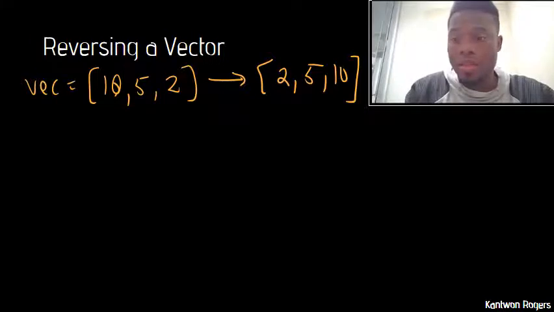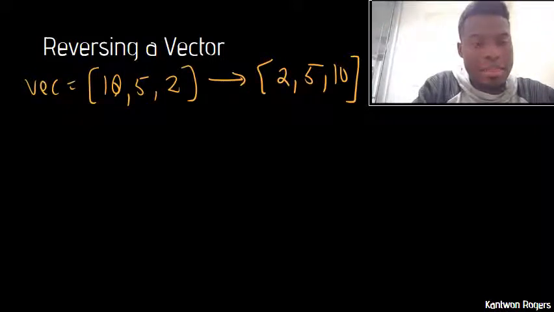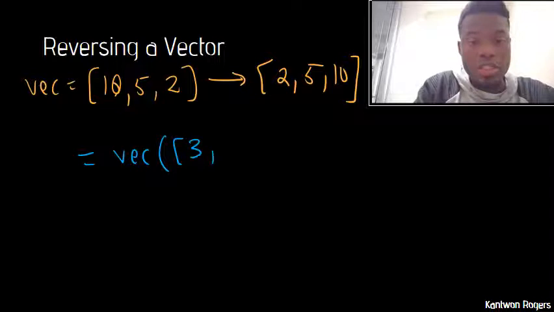So if I had this vector and I wanted to reverse it, one way of doing that is I can say I index my vector starting at the third position in this case, then the second position, then the first position.